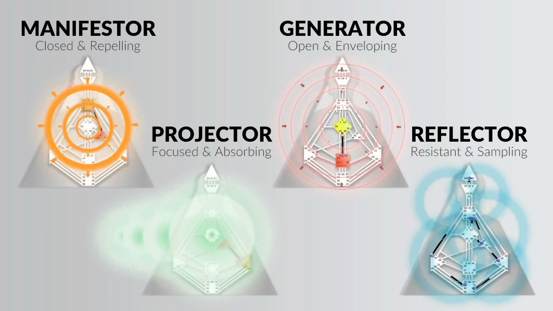You're the generator girl at the high school dance, and if you live your generator nature, you won't have to sit there very long, because you've got an open and enveloping aura, and it pulls things towards you.